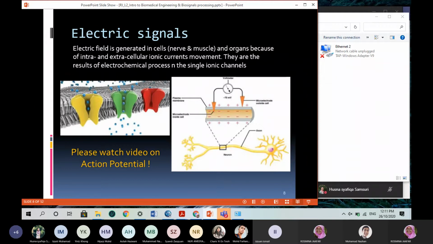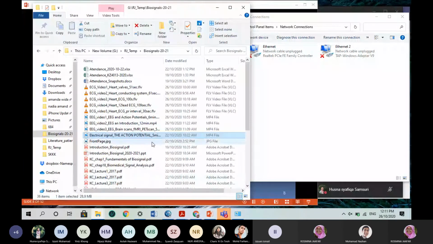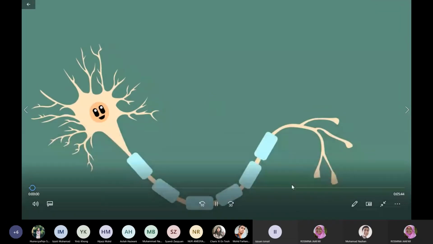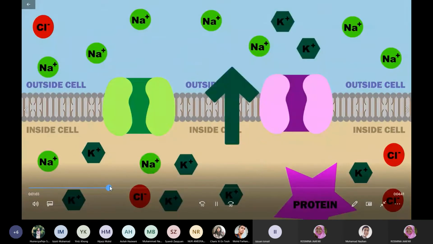The influx and outflux of the charges can give an inhibitory or excitatory effect. The excitatory effect, if I show you the video again, where is it? I can show you.